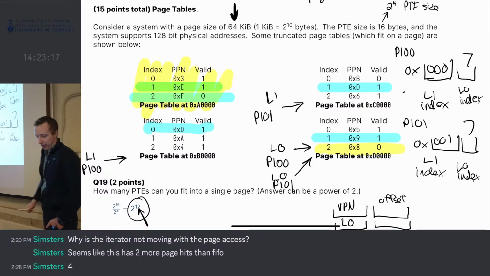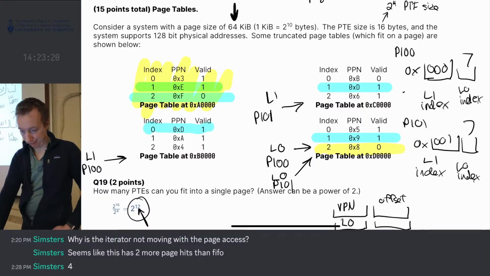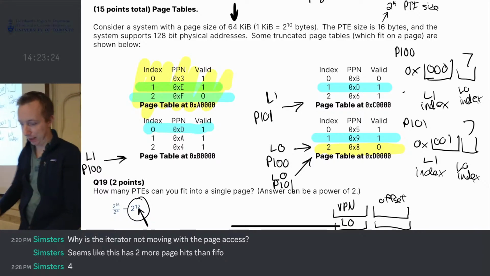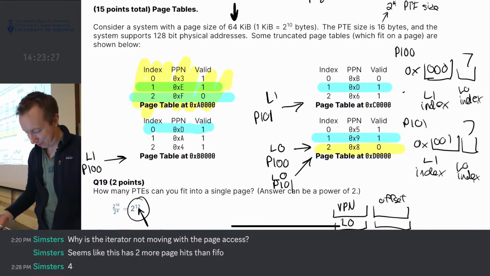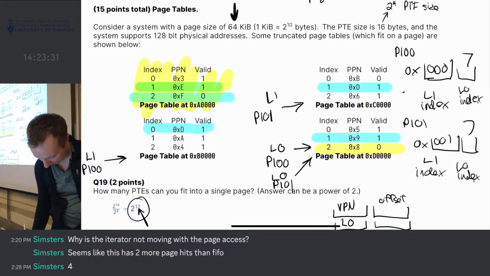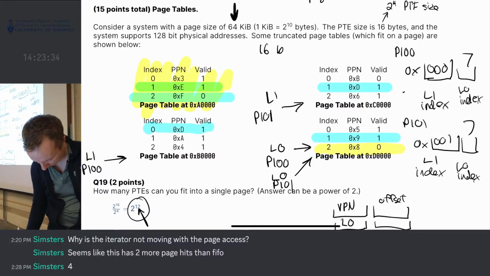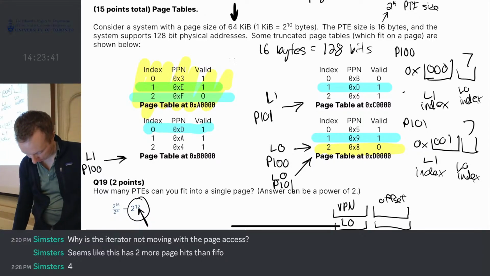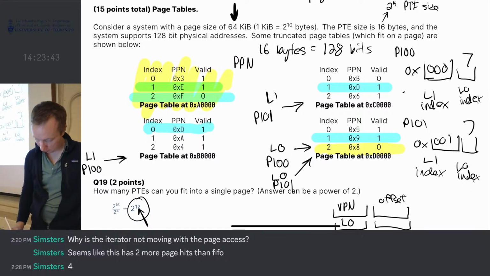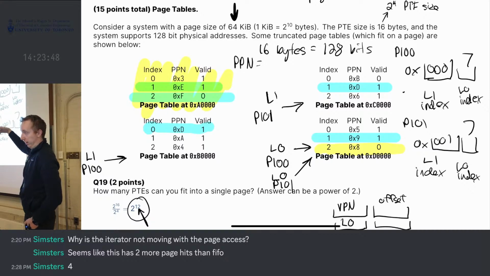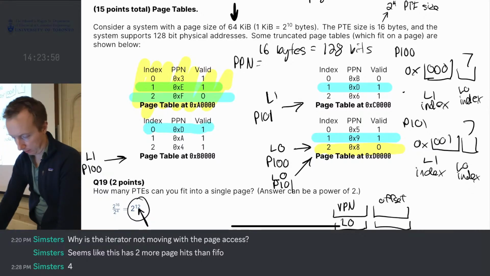So in that case, I basically wanted them all to have nice hex numbers, and I wanted to justify why the PTE size was so big, because 16 bytes is equal to 128 bits, and then my PPN would be equal to 128 minus the offset, so 128 minus 16.